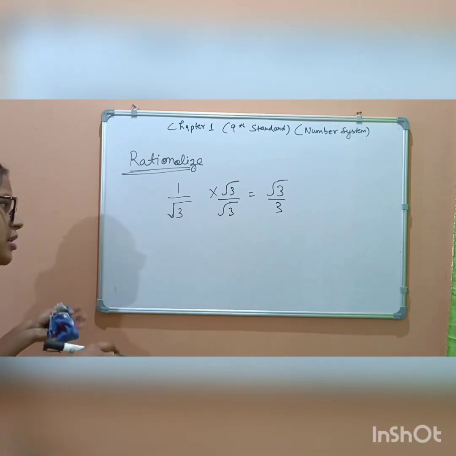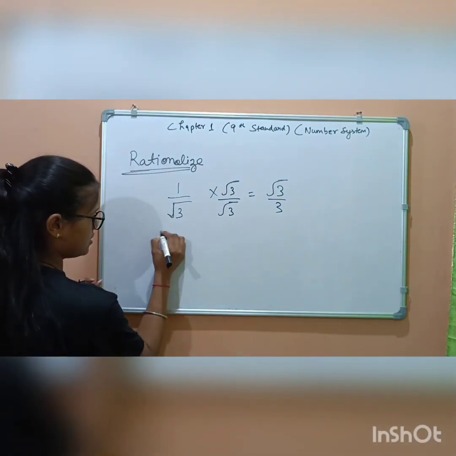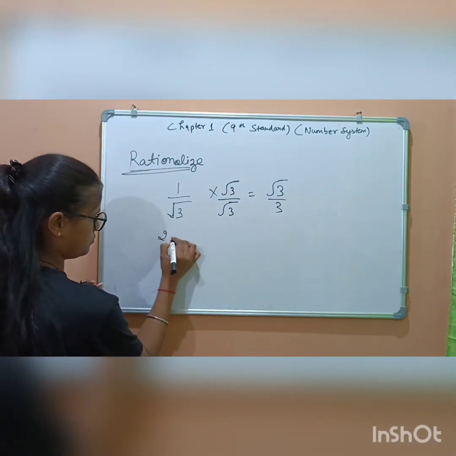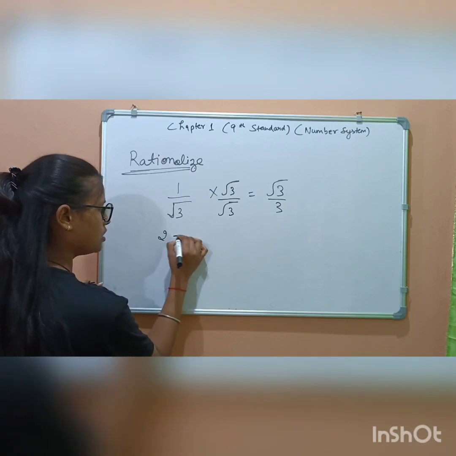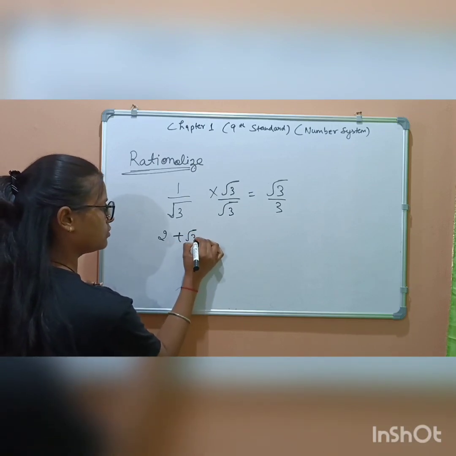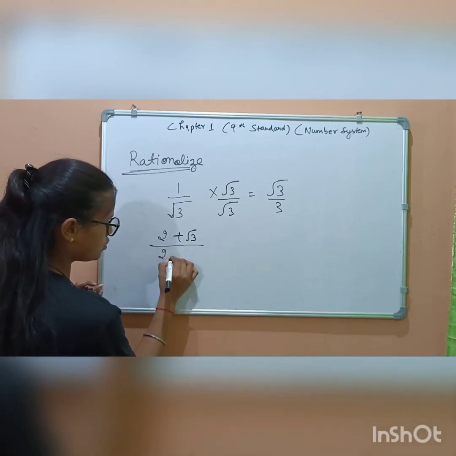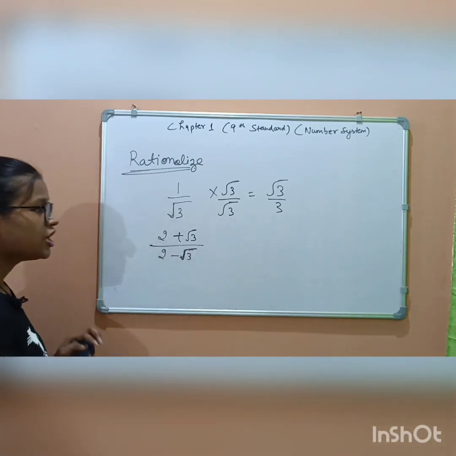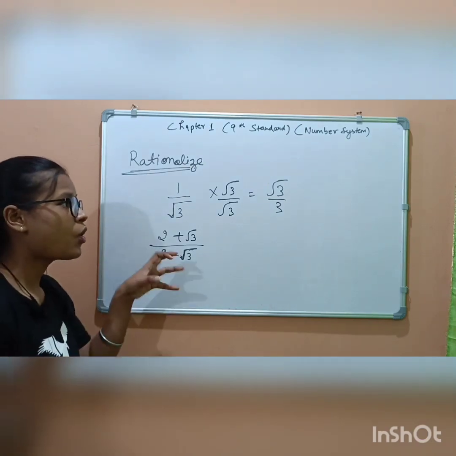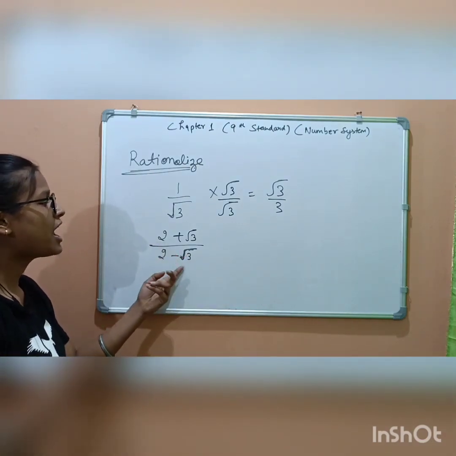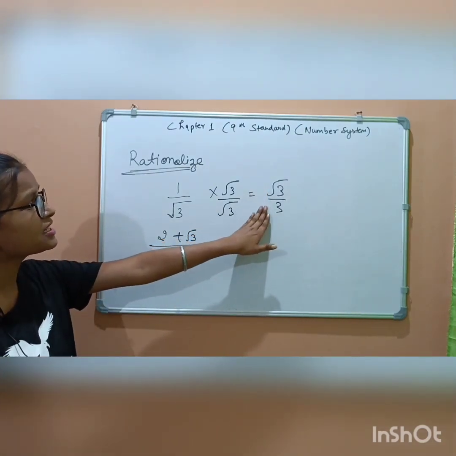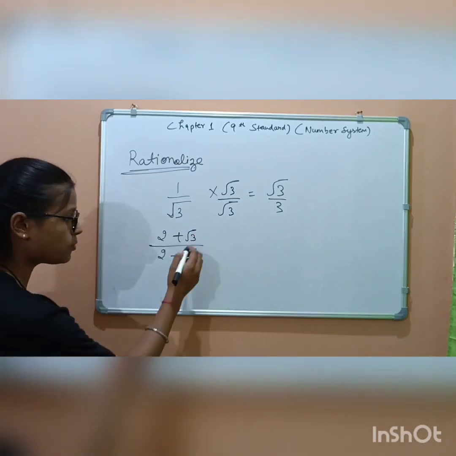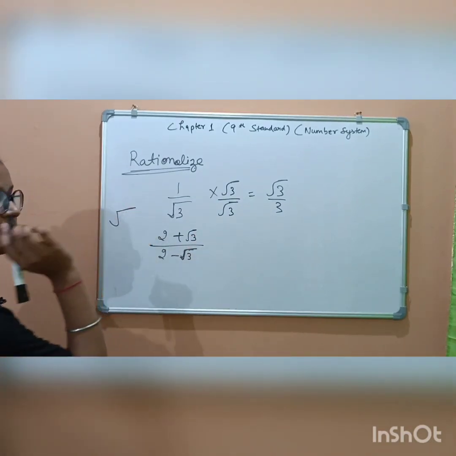Similar is the case if it's written as 2 plus root 3 in the numerator, and in the denominator it is 2 minus root 3. Your focus is always on the denominator. Why are you doing this? Because I don't want to see my denominator in root form.